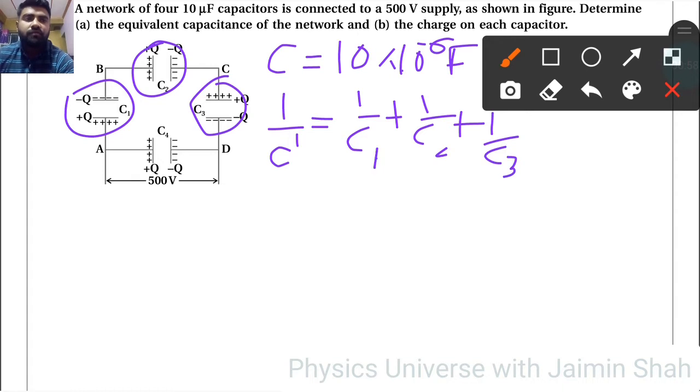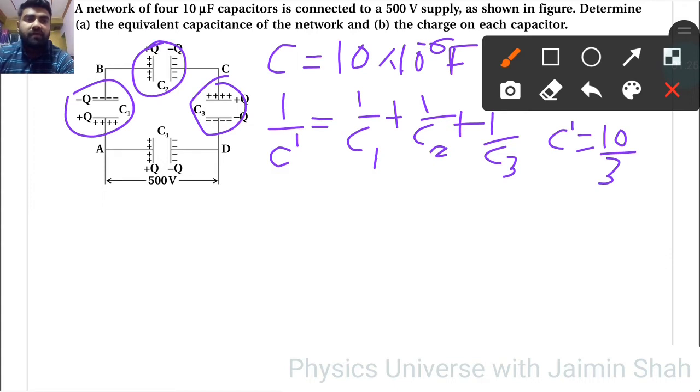This is a series connection, so to find the equivalent capacitance we take the sum of reciprocals of all the capacitances. So 1 upon 10, 1 upon 10, 1 upon 10, that is 3 upon 10, and after all we will get C dash as 10 upon 3, right?